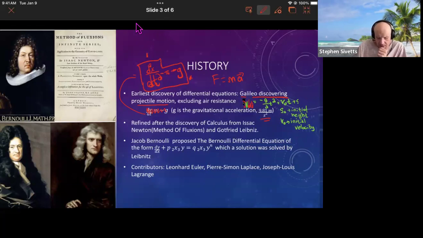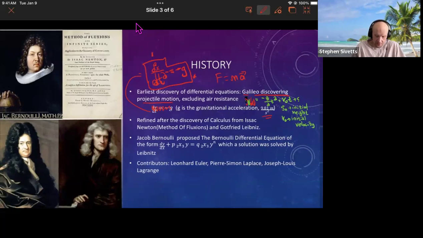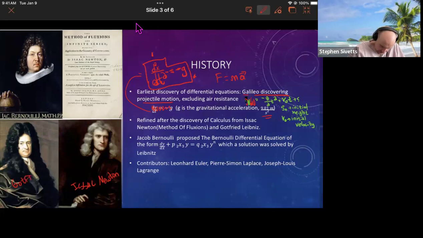And this concept of differential equations was refined after the discovery of calculus, which was discovered by Isaac Newton, this here on the right, and Gottfried Leibniz.